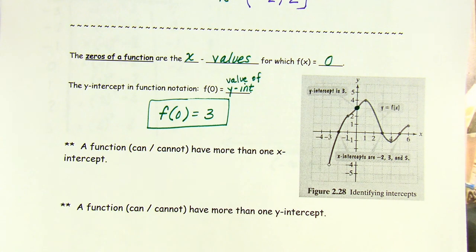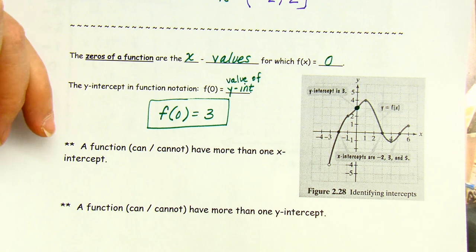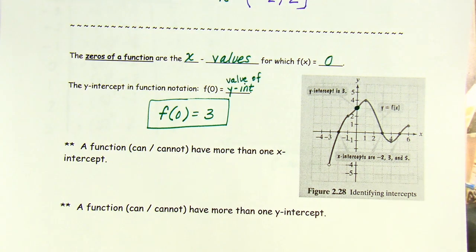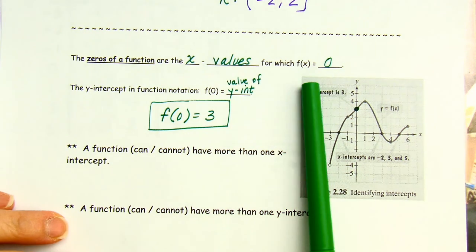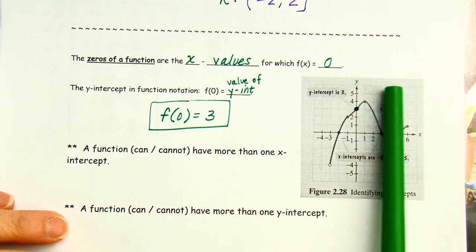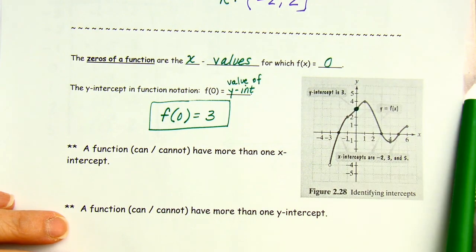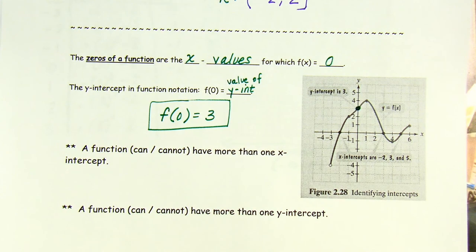Question for you. A function can or cannot have more than one x-intercept? Well, if you look at the diagram to the right, ask yourself, does this graph pass the vertical line test? And you're like, yeah, it's a function. So can I have more than one x-intercept?